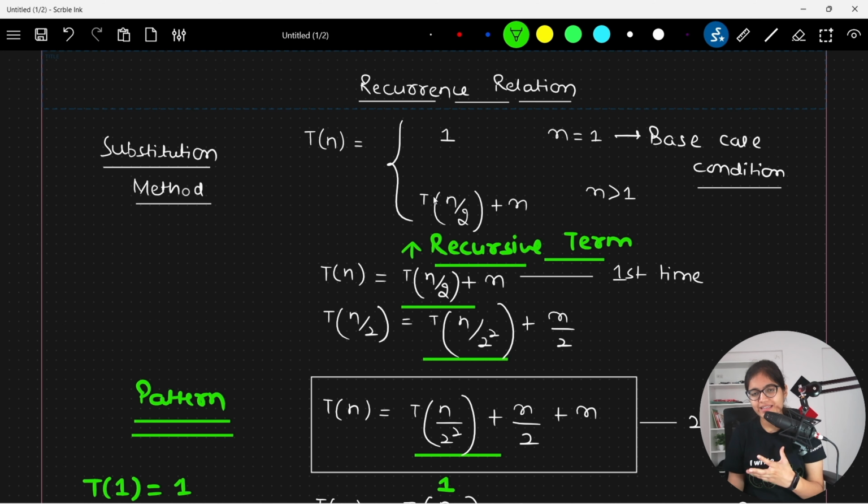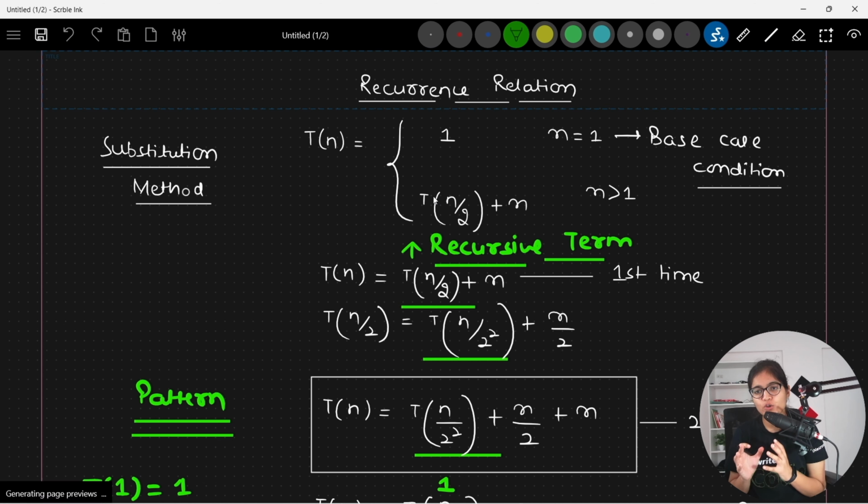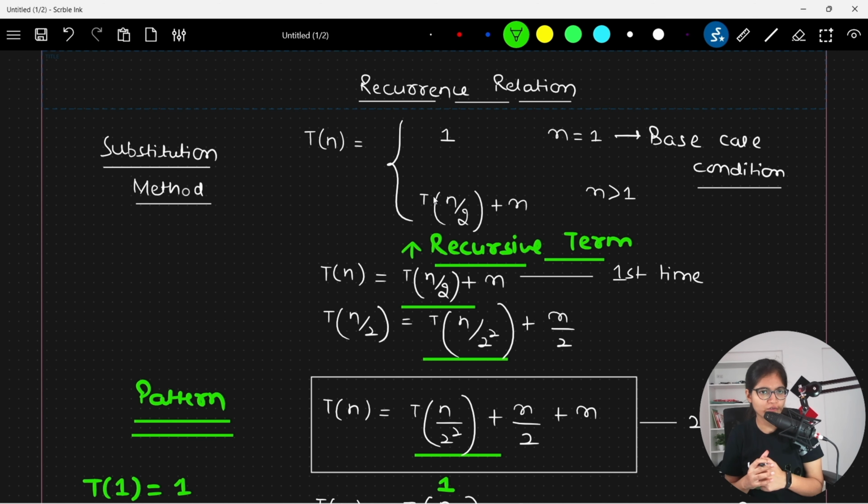And that is what I think I have conveyed with the past 3 videos which I have created here, so that you will get a clear-cut idea of how the substitution method works. Now in the next upcoming video, what I will talk about is how the recurrence relation can be solved using a recursive tree approach, and when we should go for that particular method instead of a substitution method.